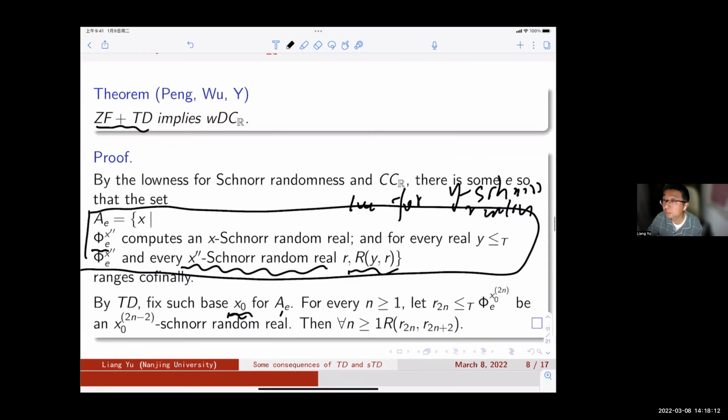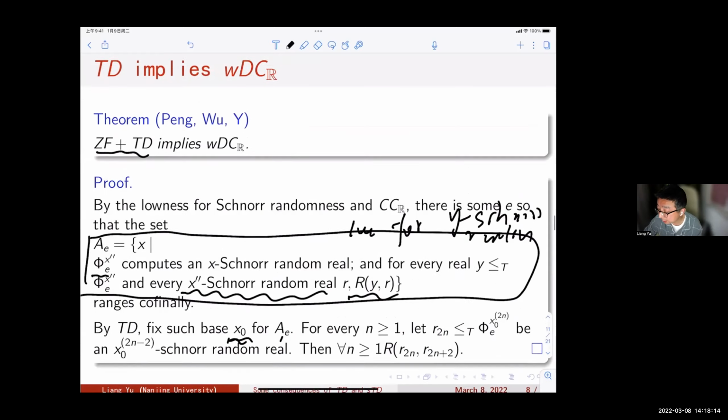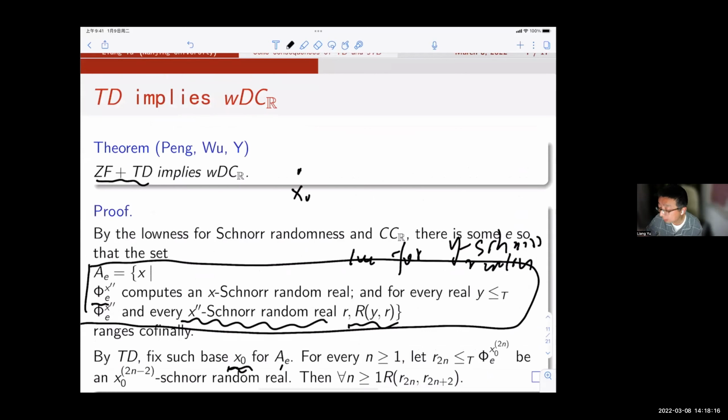Now fix such a base, fix x0. So let's look at S omega. At omega jump, we can find x0 double jump, x0 triple jump, and so on.